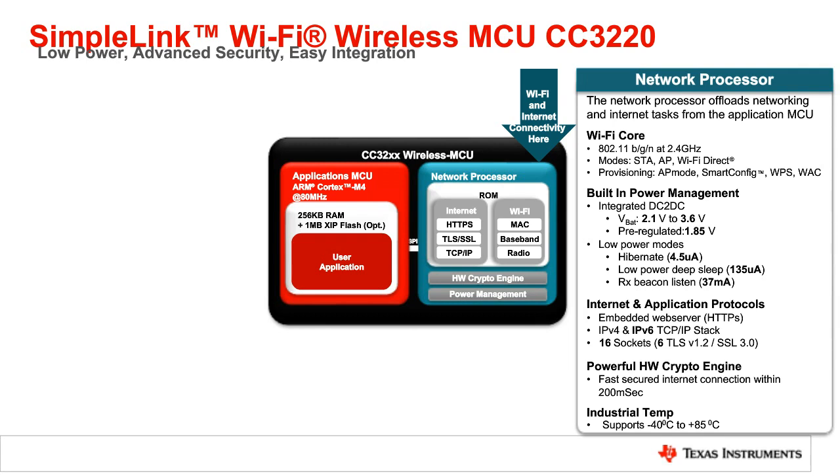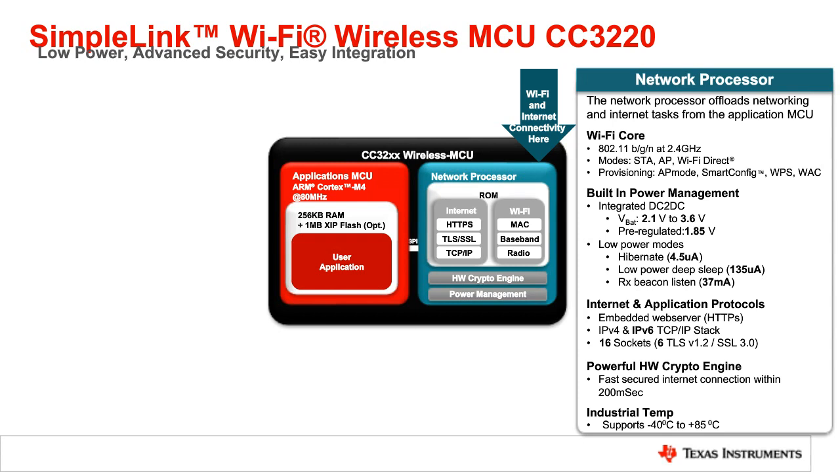It also has within it Internet and application protocols, several ones such as the embedded web server, HTTPS. It supports IPv4 and IPv6 TCP/IP stacks. It also supports 16 sockets, 6 of which can be simultaneously secure. It has within it a powerful hardware crypto engine that is leveraged for several security features.